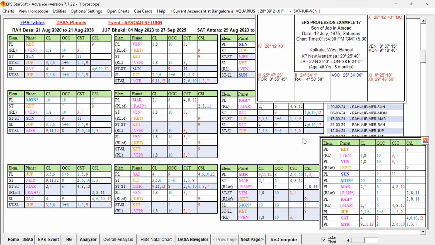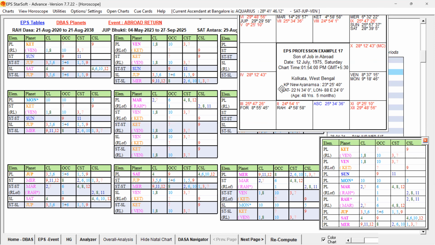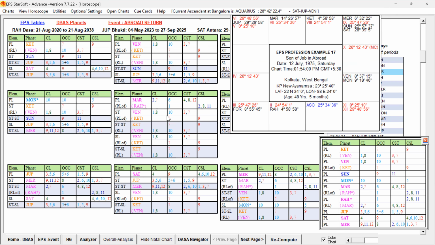Then we had some brief discussion on the Mars Dasa, because after the Moon Dasa the native was continuing working in the Mars Dasa itself. Whether Mars Dasa is strong enough to make the native come back to the homeland, that we have to discuss.